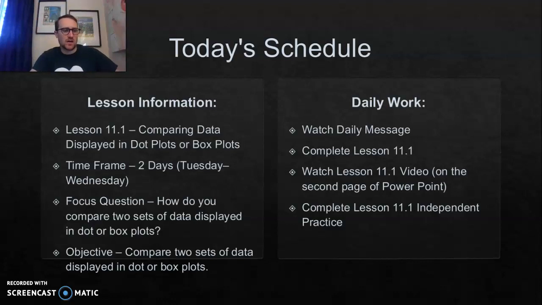And then we talked about 3 things: the shape, the spread, and the center. The shape is whether the dots are in the center or towards the right or towards the left, skewed right, skewed left. The center is the median, and the spread is whether the dots are close together or if the dots are spread out. So just keep that in mind as you're going through our lesson.